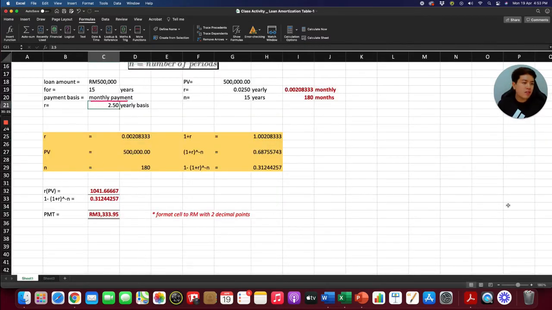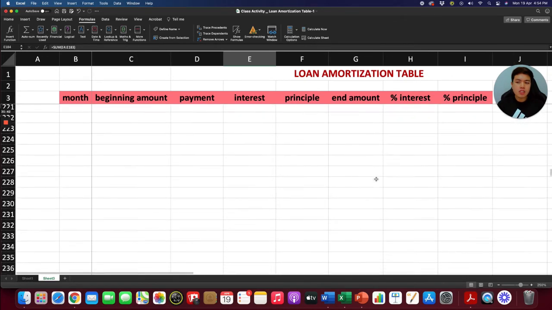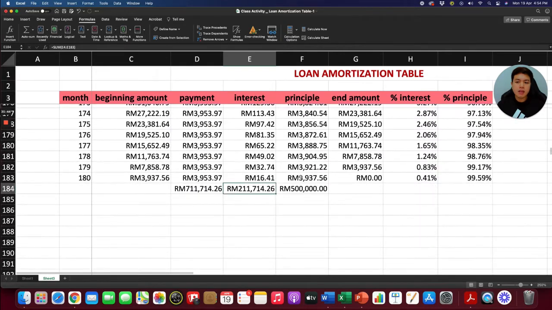So let us look at what happens if your interest rate is 5% instead. Just change to 5, click enter. Your monthly payment will change to 3,953 ringgit. The best thing about Excel is you change one cell, everything will be automatically updated. If you go down, payment will be increasing.